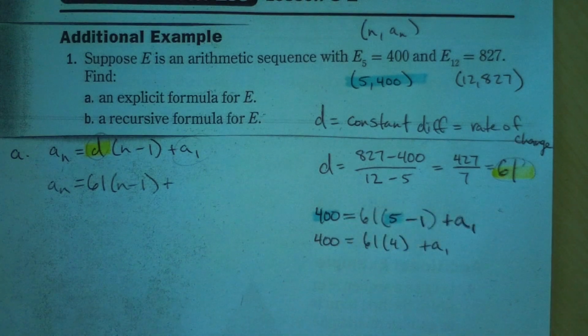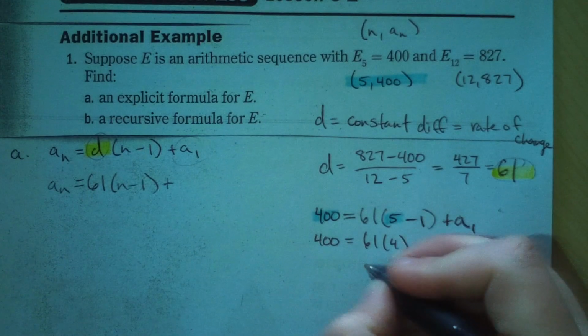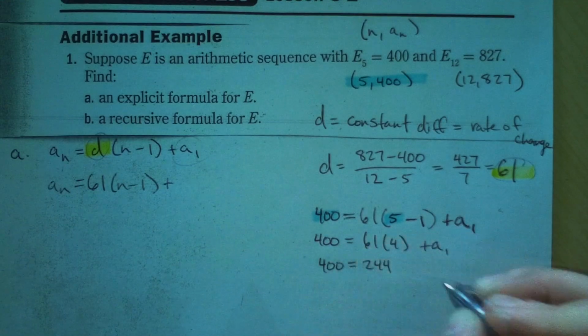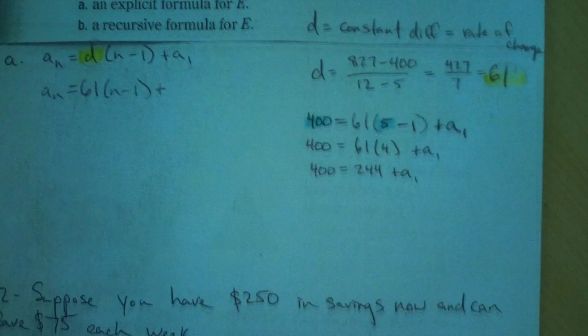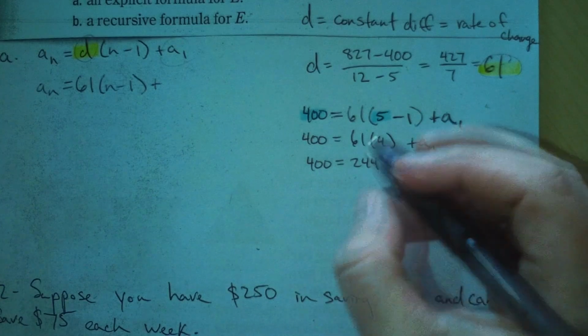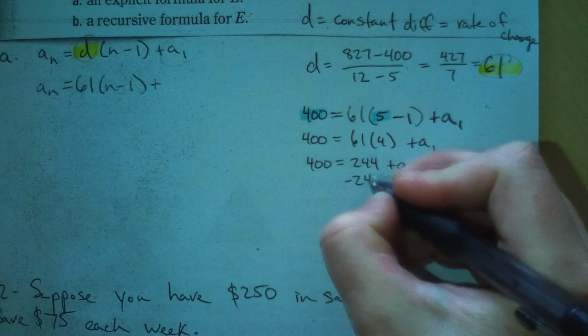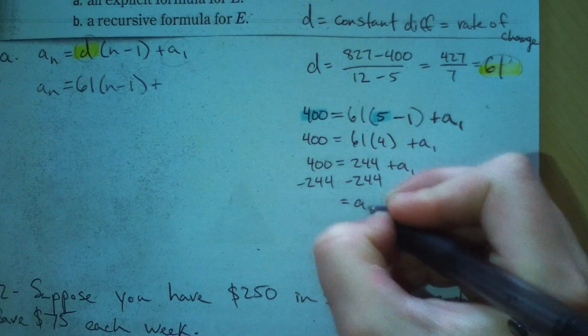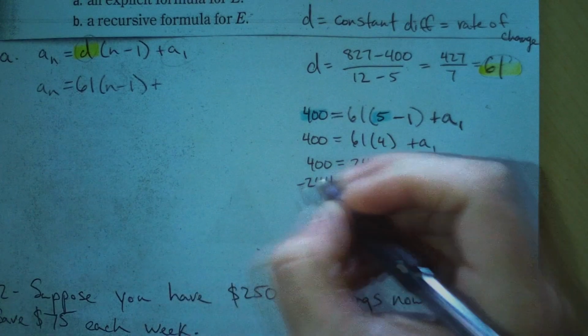Okay, so that's that one, and then they want us to do the same thing, except they want us to find the recursive formula. But for the recursive formula, we just need the same stuff, so now that we've found that stuff, we can just plug into it. The recursive formula is where A sub 1 is equal to something, and then A sub n is equal to A sub n minus 1 plus whatever that constant difference is.